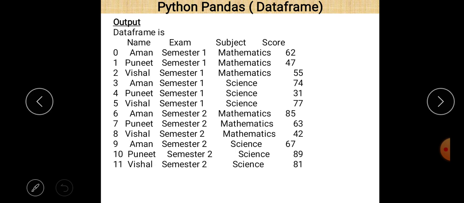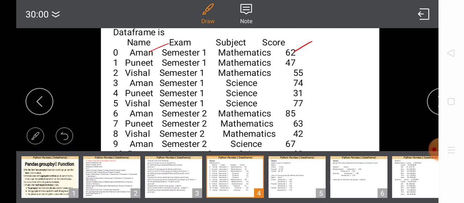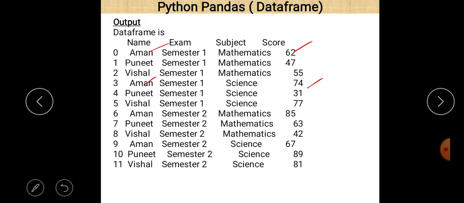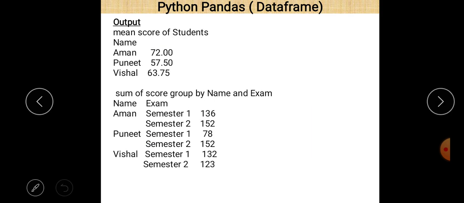You can easily see that Aman 62, Aman 74, and Aman 85, and Aman 67. So the group is formed on the basis of name. So Aman is written here only one time, because it is a group.